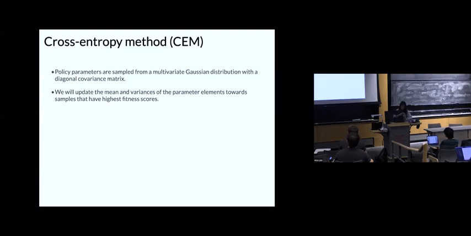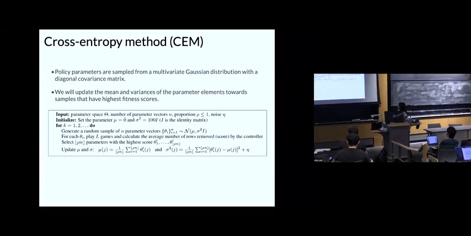These work as follows. The policy parameters are sampled from a multivariate Gaussian distribution. The covariance matrix is diagonal, and we'll update the mean and variances of those parameter elements towards the samples that have the highest fitness scores. Yeah, so it looks something like this.